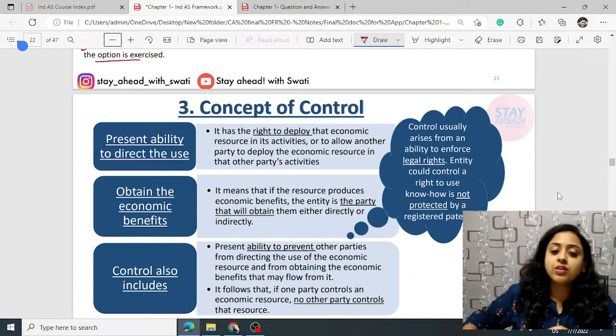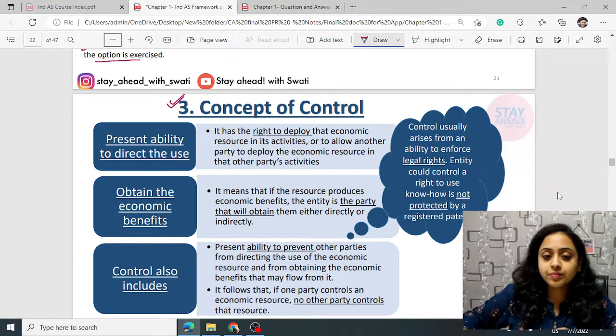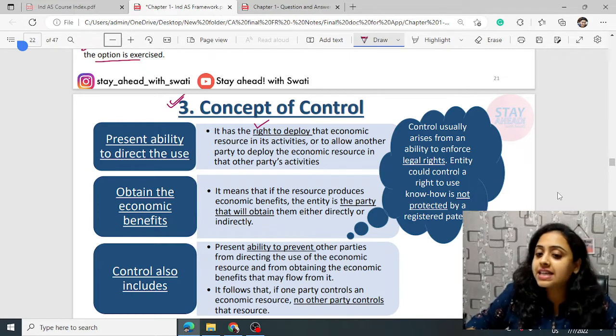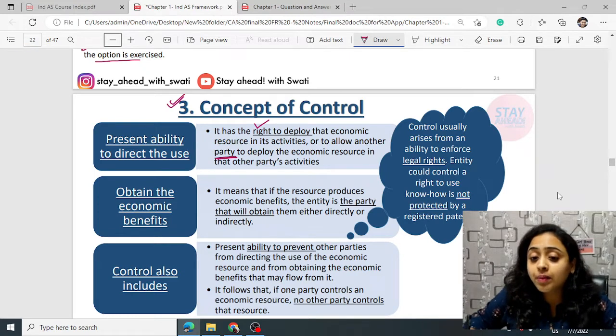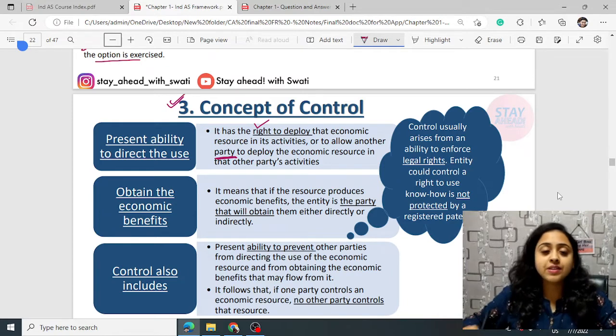Now comes the third concept: present ability to direct the use. The entity has the right to deploy that economic resource in its own activities, or to allow another party to deploy such economic resource in the other party's activities.